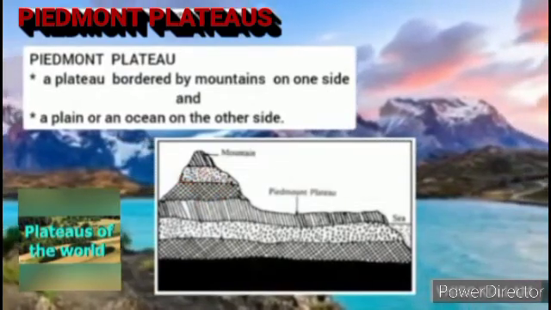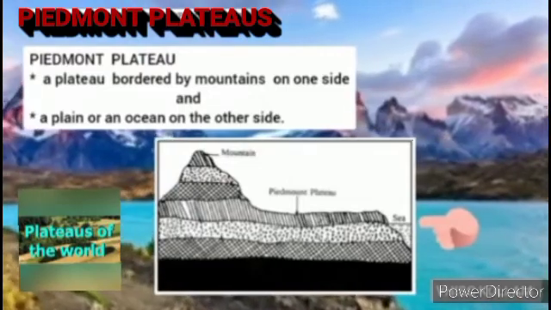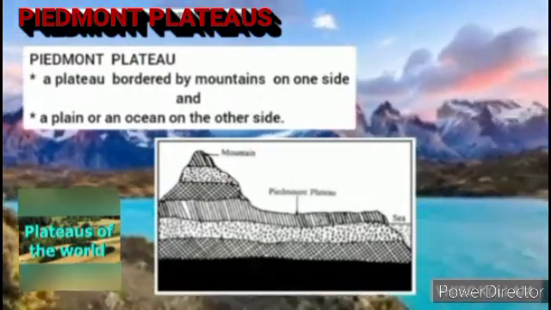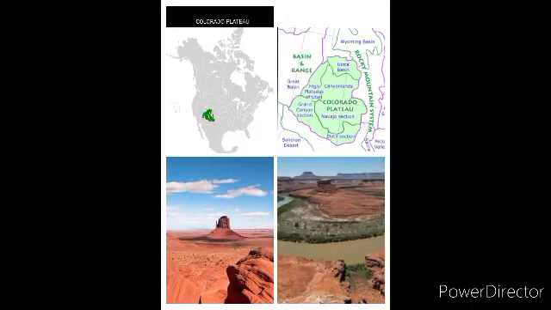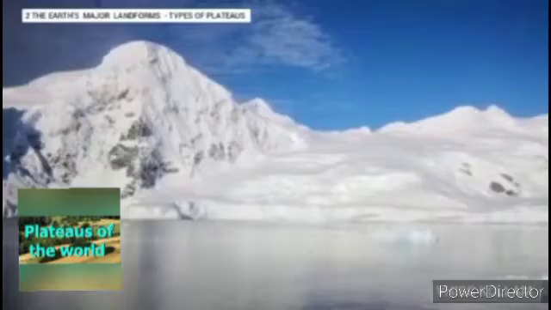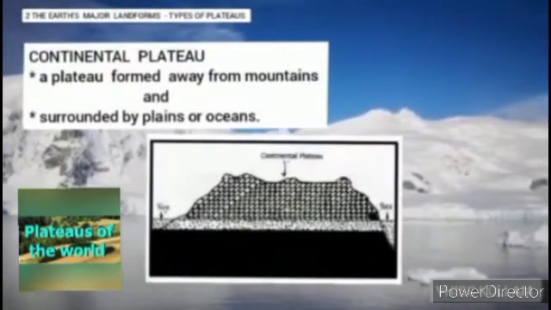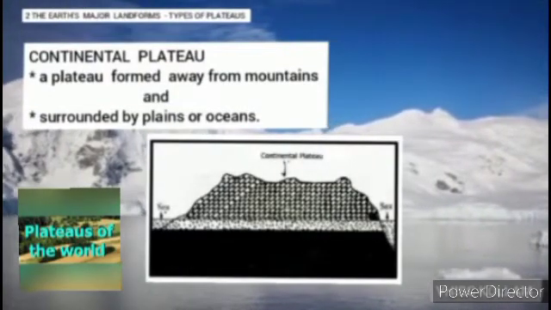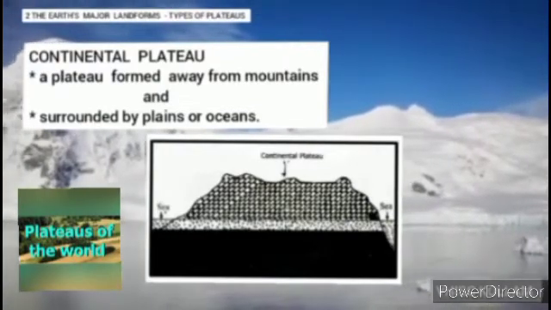A Piedmont plateau is formed at the foot of mountains. Example, the Piedmont Plateau of the USA. Other examples are the Colorado Plateau in North America and the Patagonia Plateau in South America. The next is the continental plateau, a plateau formed away from mountains and surrounded by plains or mountains.